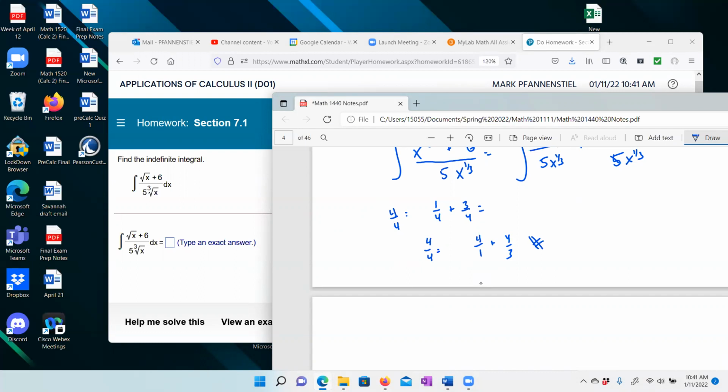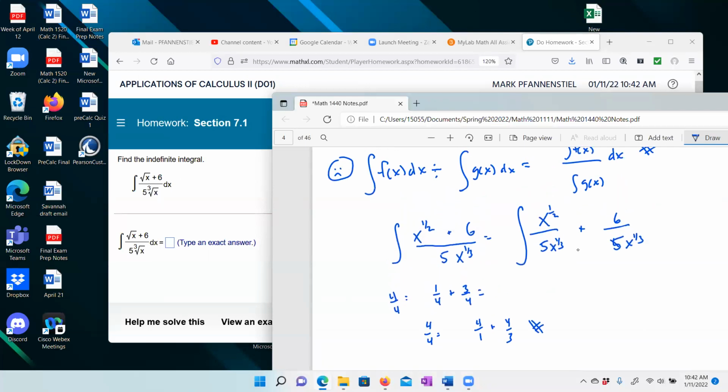But I certainly can't turn my 4 quarters into $4 plus 1 1/3. It doesn't work that way. So you can separate the tops, that's fine, but you cannot separate the bottoms like this. All I did was separate the top.